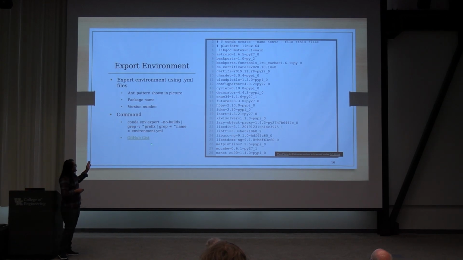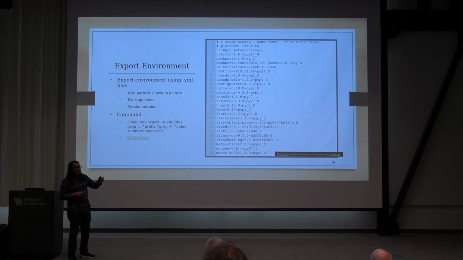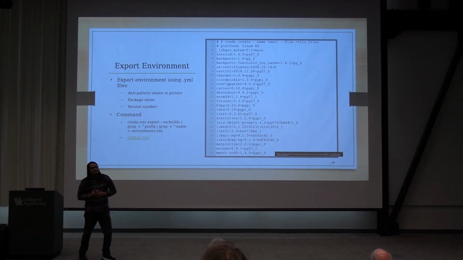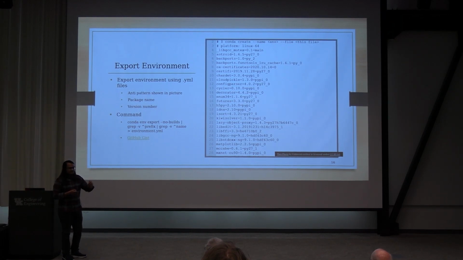I have this command in my GitHub gist as well. If you go to my GitHub gist, you'll see I have a file called conda export, and you can use that command to export your conda environments. What is a gist? Gist is just sharing code snippets on GitHub, let's say one file, one command.